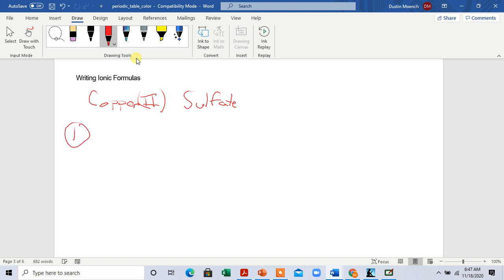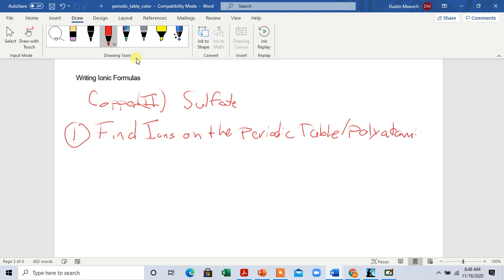First step is to find the ions on the periodic table or the polyatomic ion sheet and write them down.